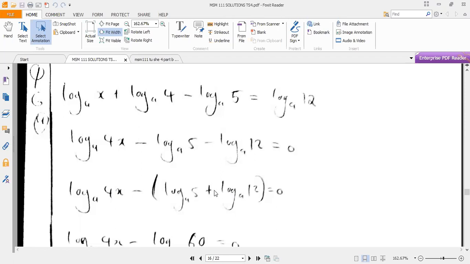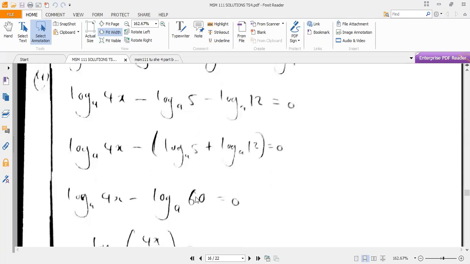Since we are adding here, using that principle again, we multiply the arguments, 5 times 12. That's where the 60 is coming from, because 5 times 12 is 60. So we maintain the same term: log base A of 4x minus log base A of 60 equals 0.